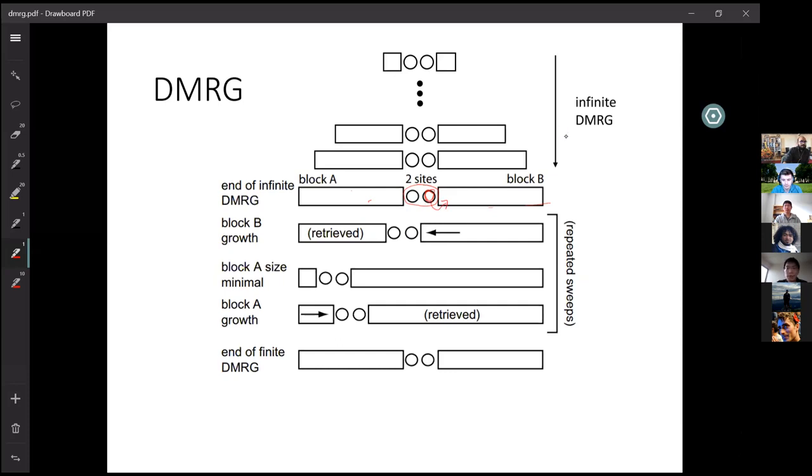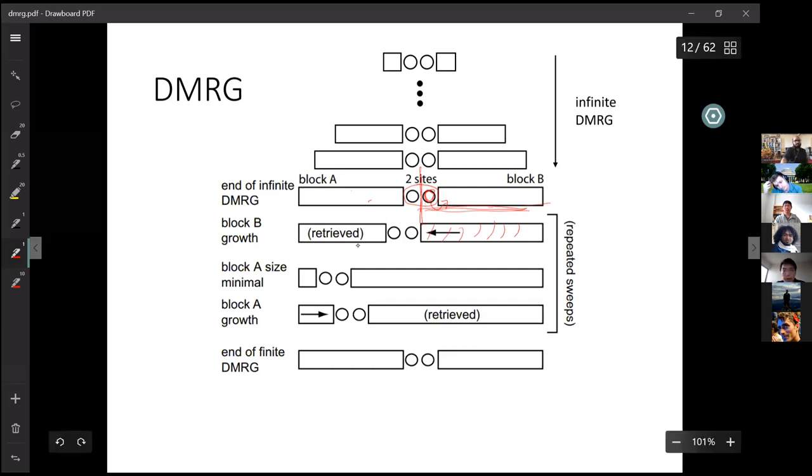So we do exactly the same as before. We find the reduced density matrix corresponding to this cut, trace out the degrees of freedom on the left, and then find the eigenvectors on the right. Using these eigenvectors, I can describe the superblock on the right very accurately.